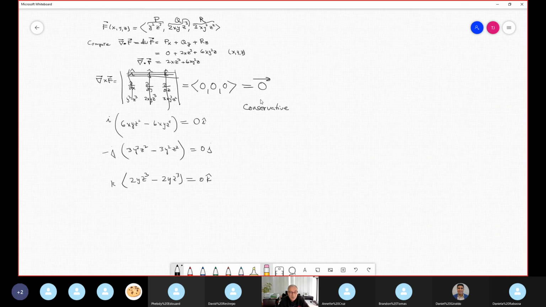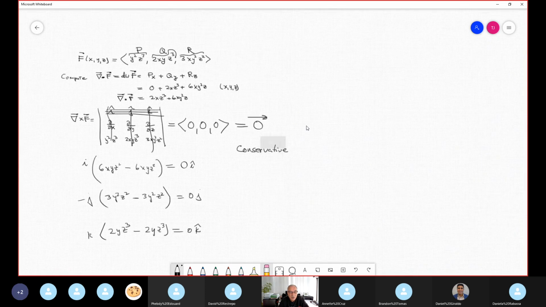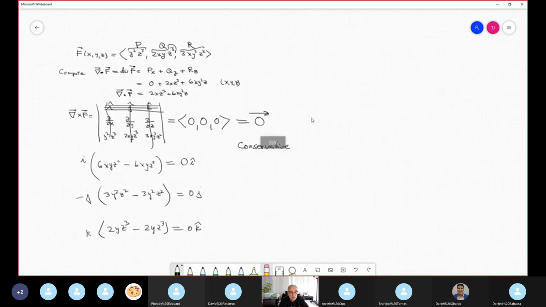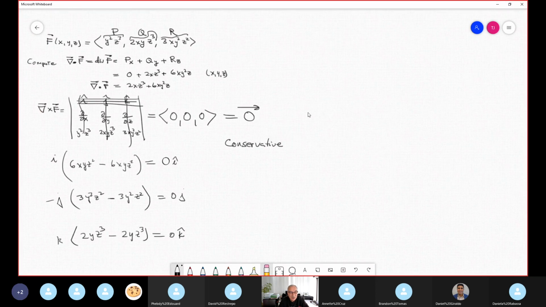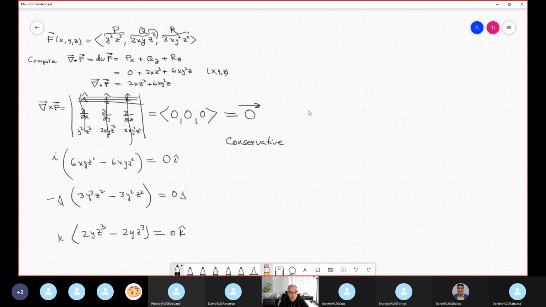So remember, the answer of the curl is the zero vector. It's because this vector field is conservative. Si es conservative, exists the potential function. Entonces, what is the procedure for finding the potential function? Bueno, compute the anti-gradient, que es compute the antiderivative component by component.